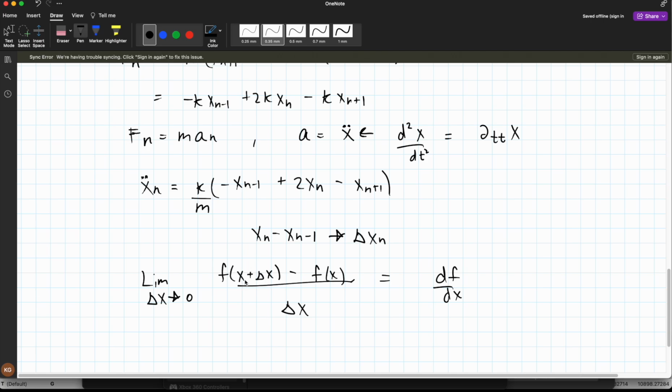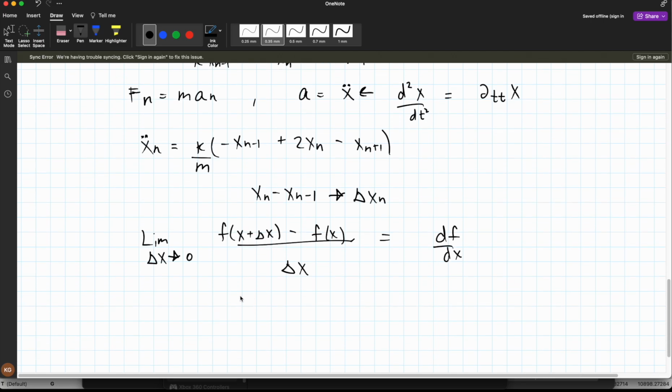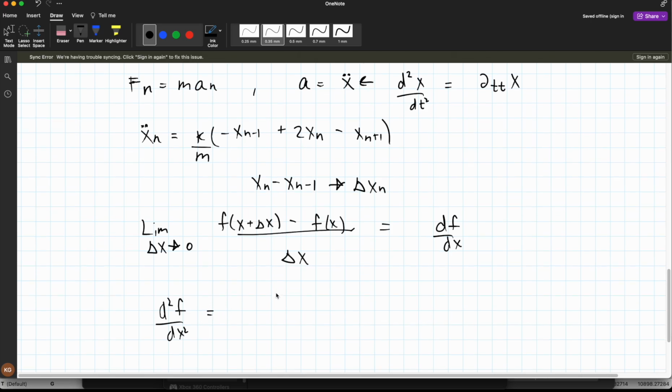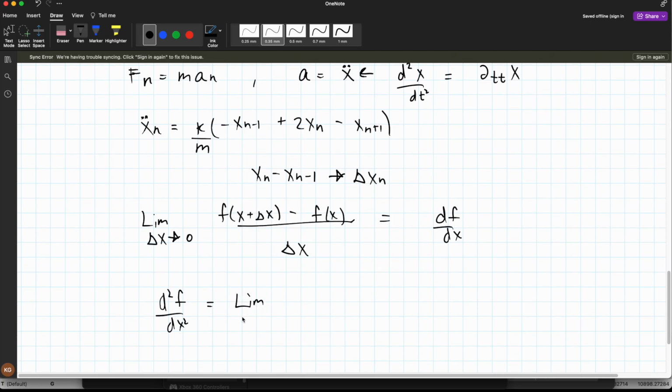So we're about to use this. We almost have that. And if we wanted the second derivative, d squared f dx squared, that's going to look something like the limit as, again, delta x goes to 0 of f of x minus delta x, and I might have the minus or plus sign here backwards, but it's okay, we'll recover it if it's backwards.